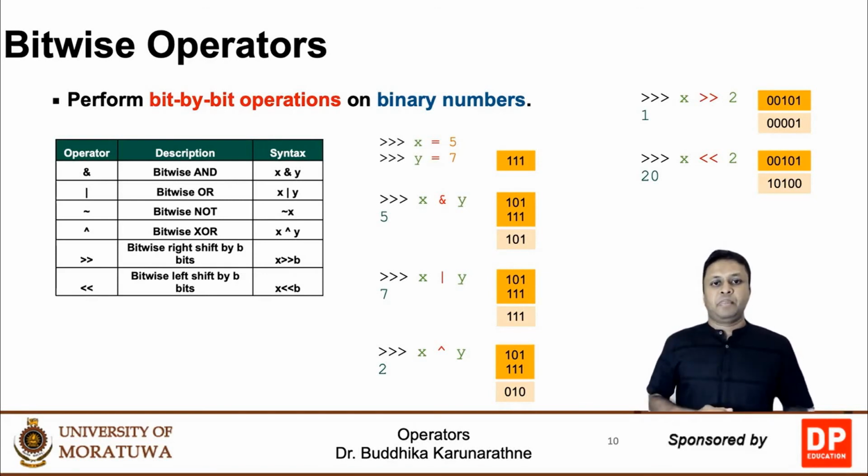In Python, an integer is usually represented in 32 bits. When you ask it to shift x left by 2 bits, it takes the 32-bit binary representation of x and shifts it left by 2 bits, as shown in the example. The resulting binary value is 20. Similarly, you end up with 1 after right shifting x by 2 bits.